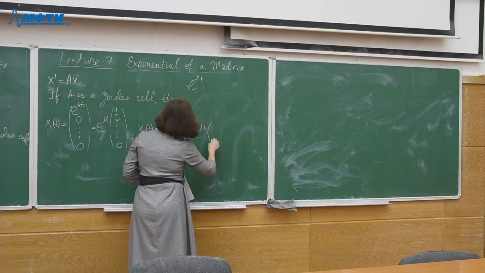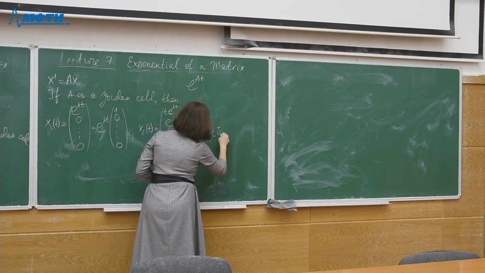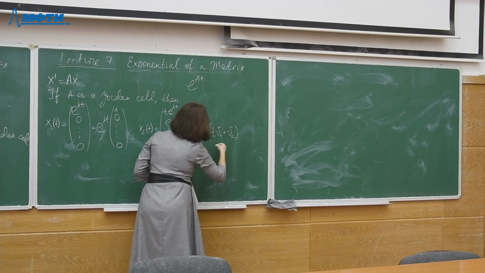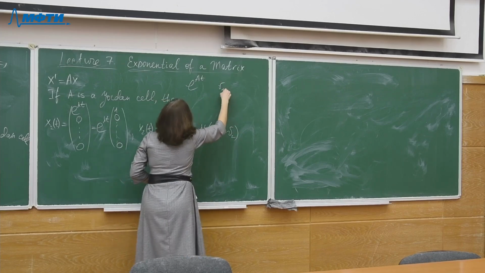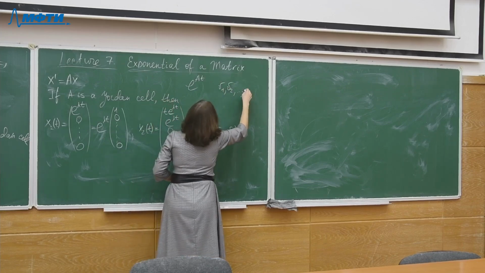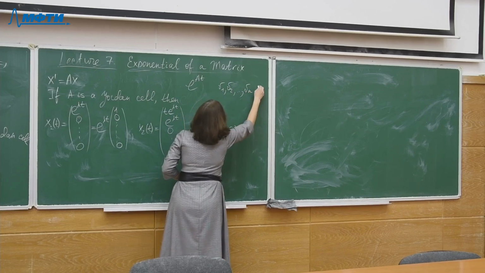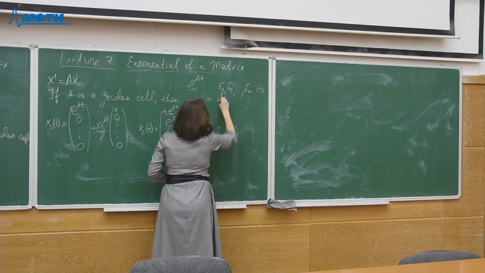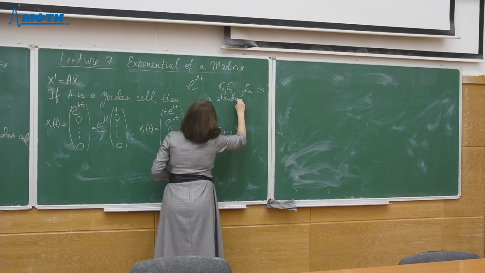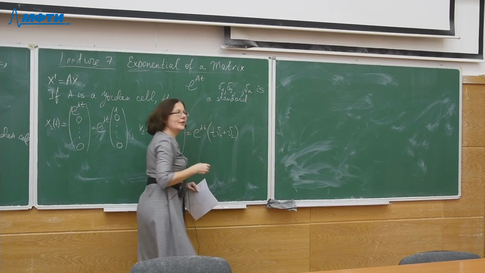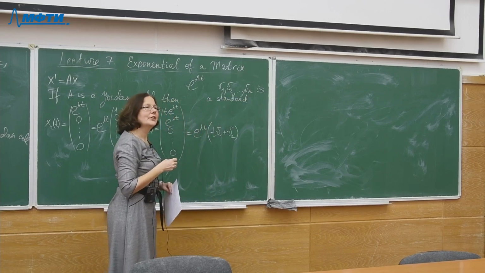So it can be written as t v1 plus v2, where v1, v2, and so on, vn is a standard basis. Sorry, can you use E instead of V?